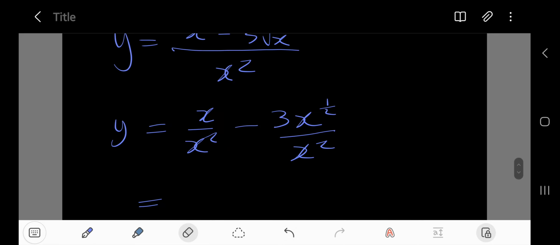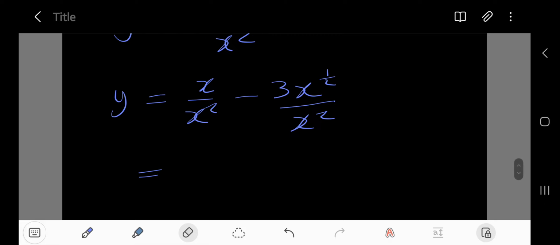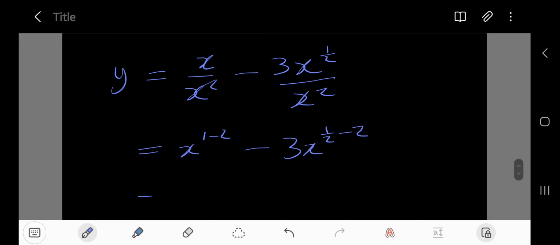So let's push. Now what we have is x to the power of 1 minus 2, minus 3 x to the power of 1 over 2 minus 2. Now everything is straightened out.